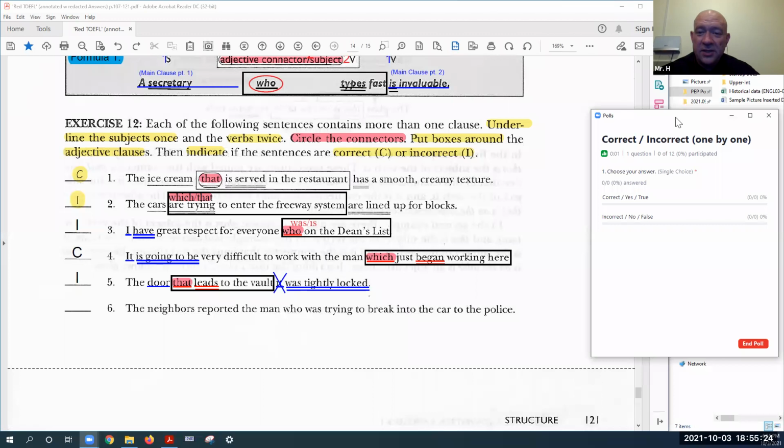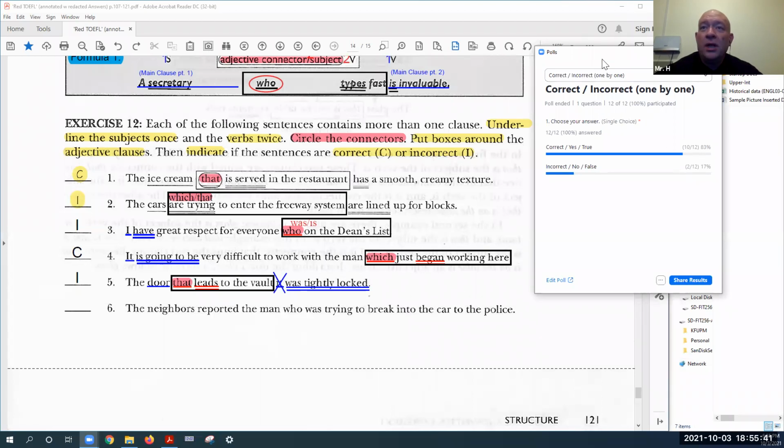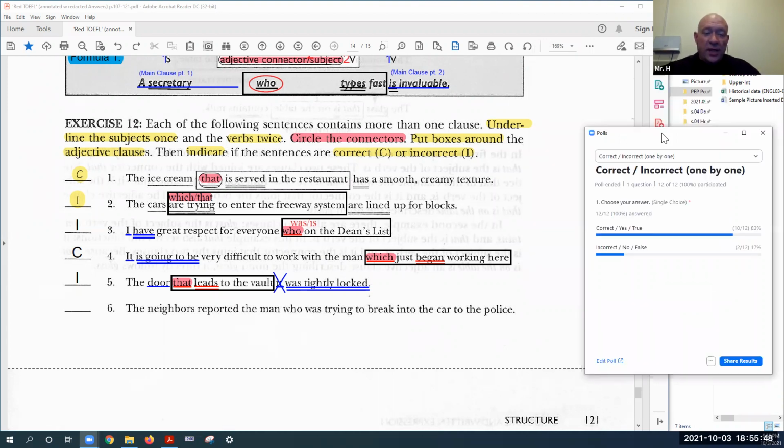Come on. 10 seconds. 9, 8, 7, 6, 5, 4, 3, 2, 1. Time is up. All right. Well done. In the poll, 10 of you said it's correct, 2 said it's incorrect.